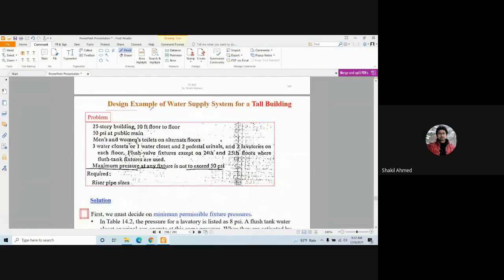Let's see a design example of water supply system of a tall building.